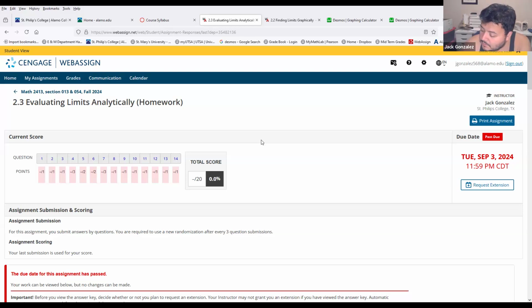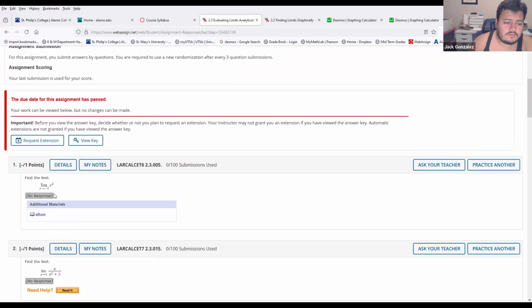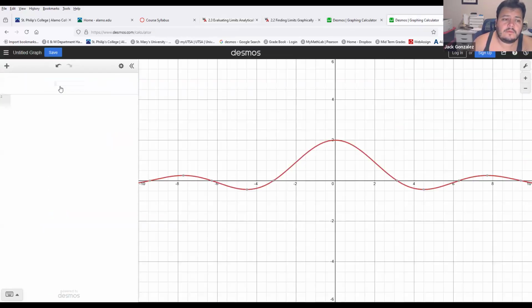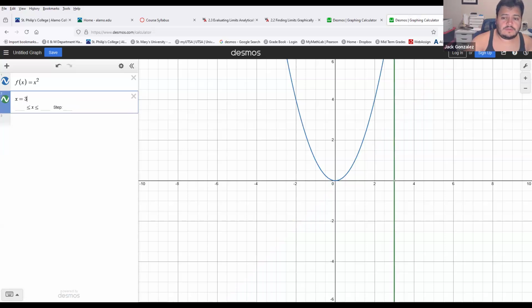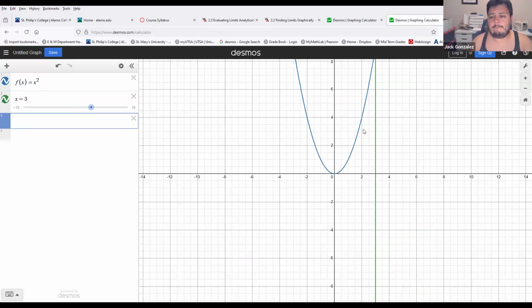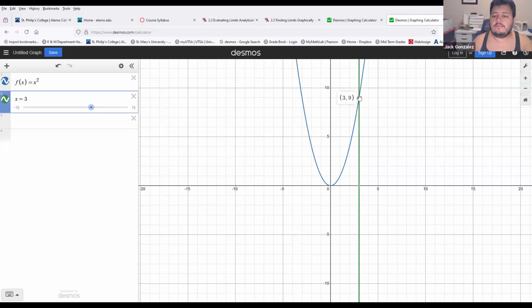Analytical, okay. So the first one has no graph. So basically just graph this and see what is happening at -3. What is the parabola doing when x is 3? Kind of already know, right? As I get closer and closer to 3, the y is going to 9 from the left side.